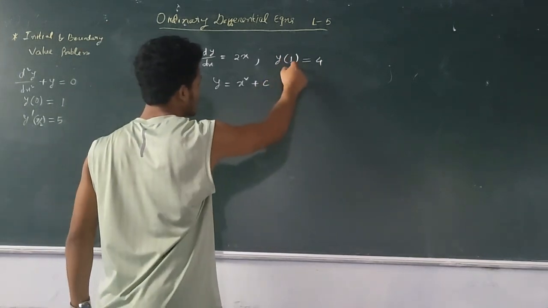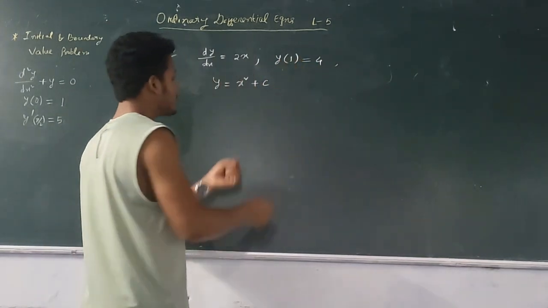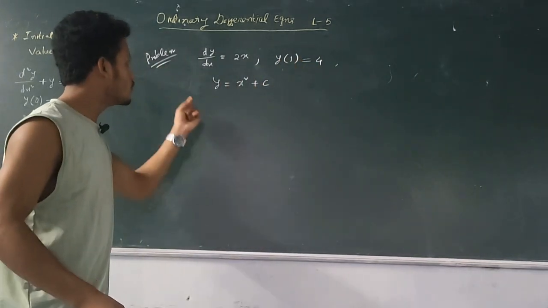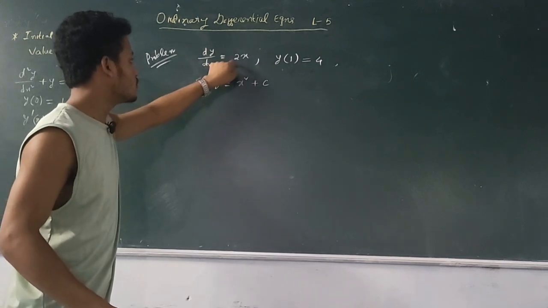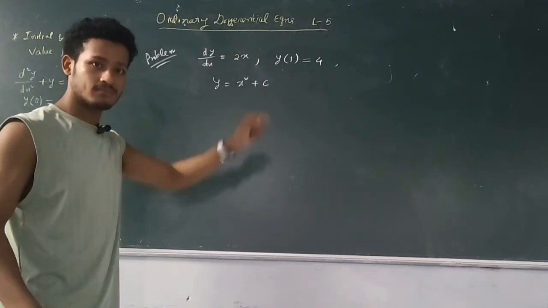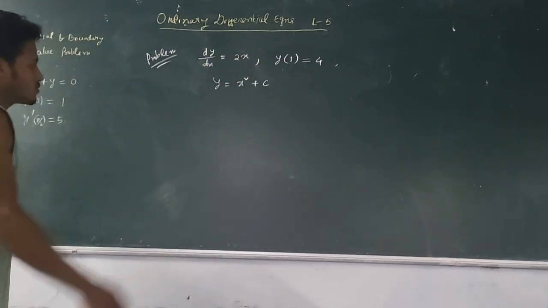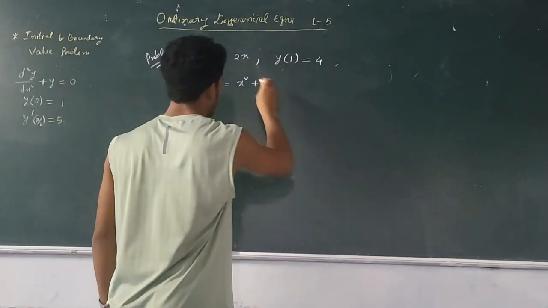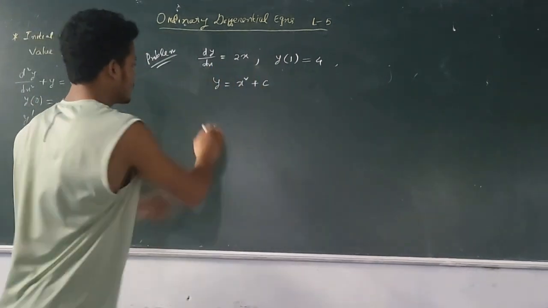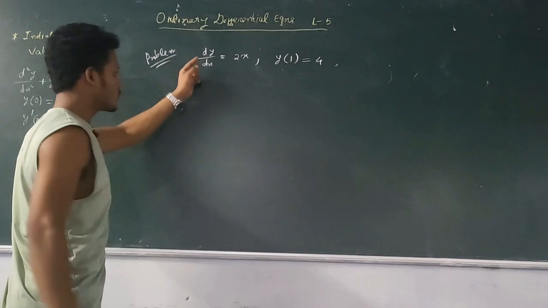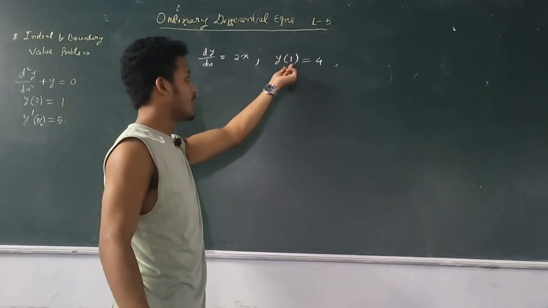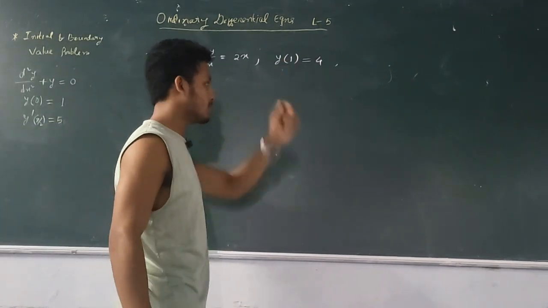So 1 is a point where the solution is defined. Now the question is to find the solution of this differential equation whose value at x is equal to 1 is 4.